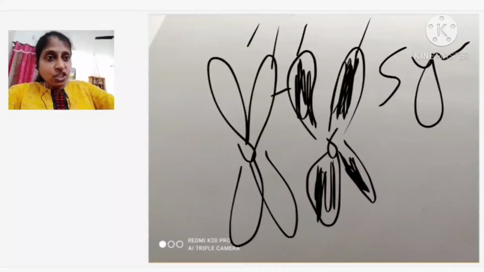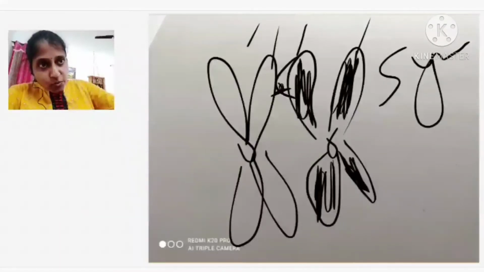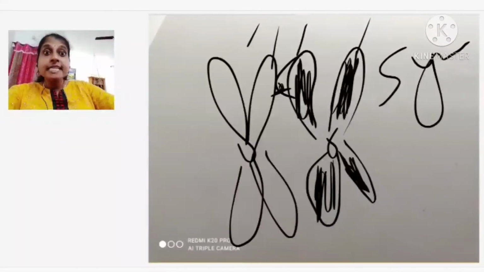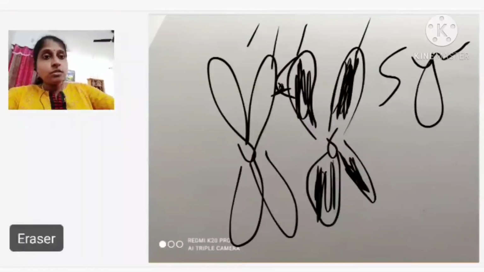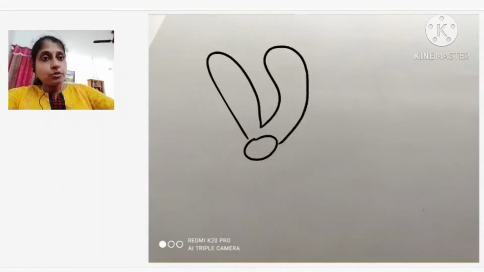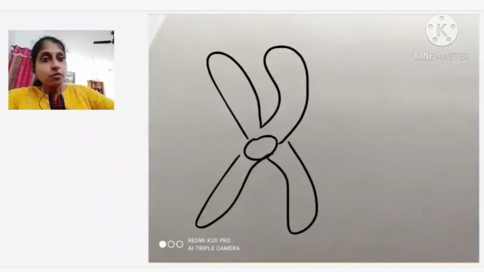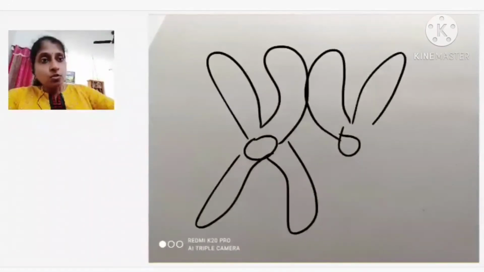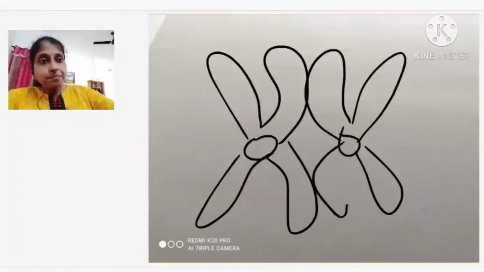Now they will touch one another, the synaptonemal complex. The synaptonemal complex means where pairing has taken place, the region where they are going to touch one another, this region we call it as chiasmata. What do we call them? Chiasmata. So the structure becomes X shaped, you can find. So like this it will be becoming, right?